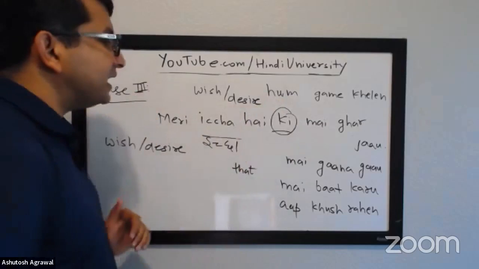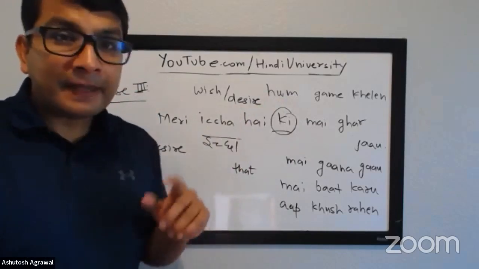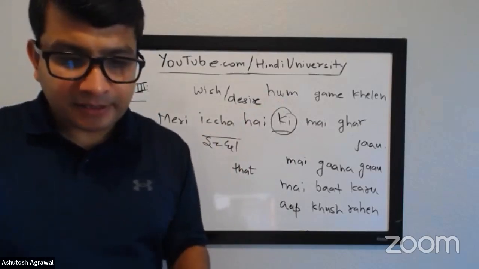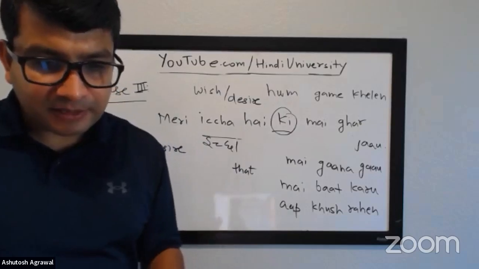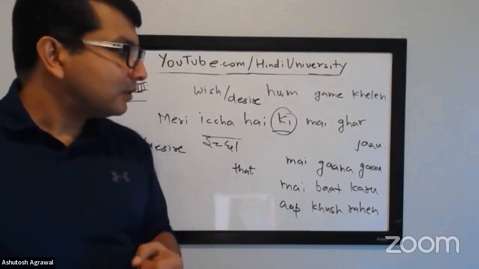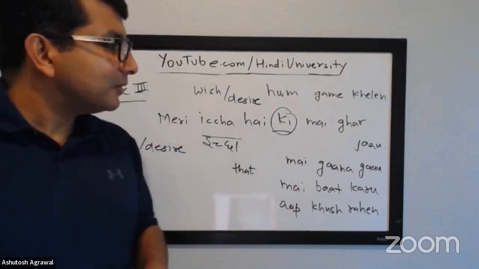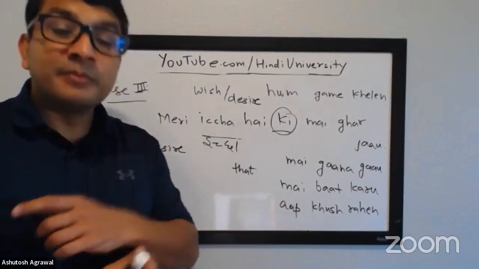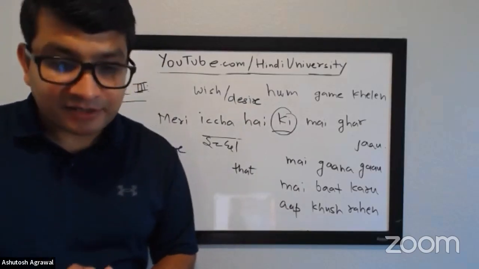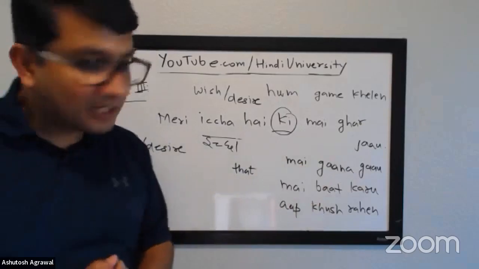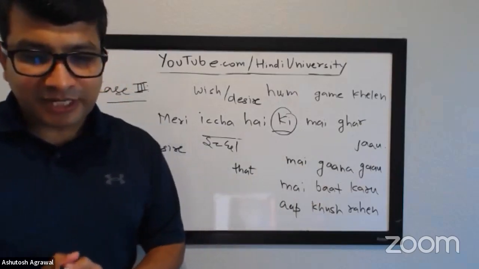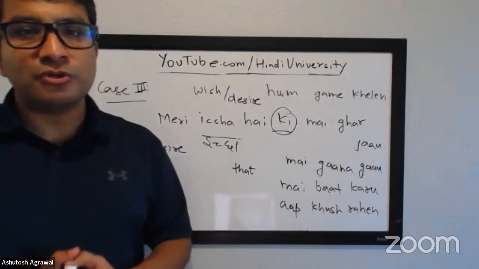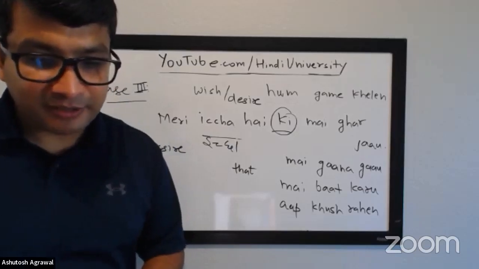What if you don't say मेरी इच्छा है कि? Then it really becomes how it is being said, in which context it is being said, and you will have to infer from it. Maybe I'm talking about a lot of my desires and wishes, and in that context I said मैं गाना गाऊं, and then you will understand that you want to sing here.